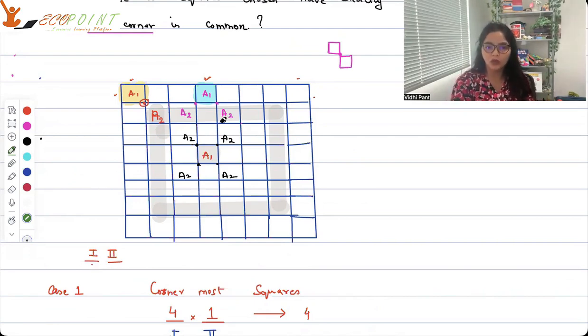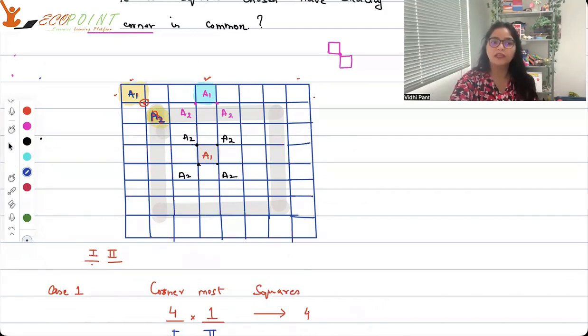So I am taking the case that this is the first square and this is the second square as a different case from the one where this is the first choice and then this is the second square. So what is happening in this calculation is that I have double the cases.